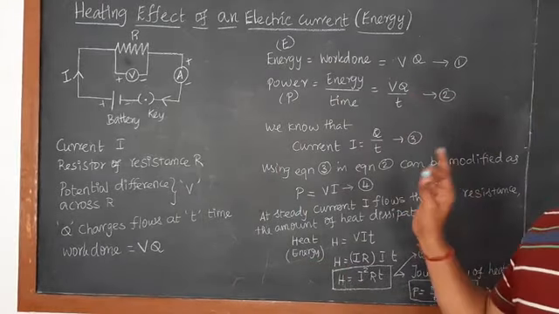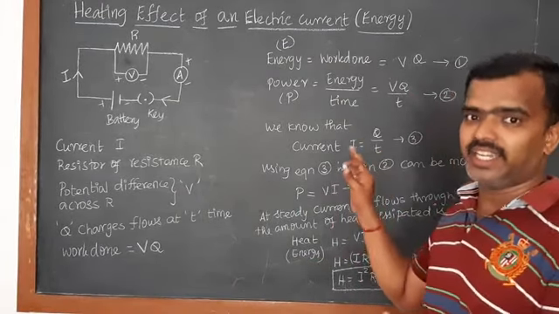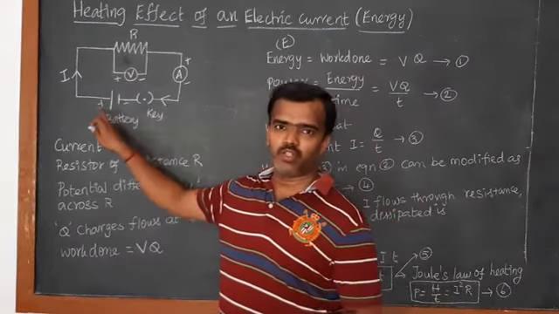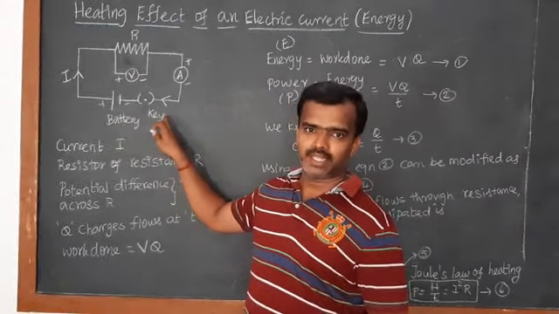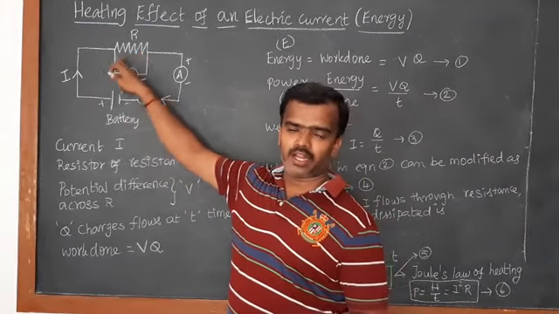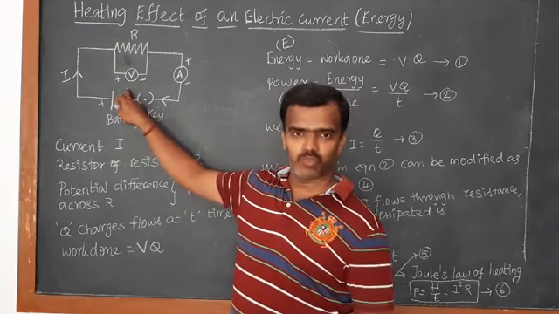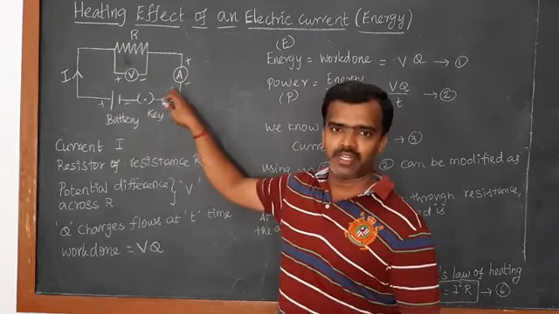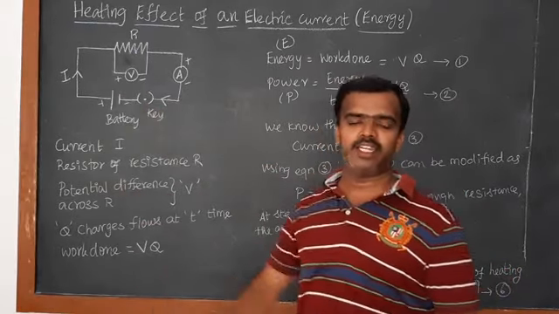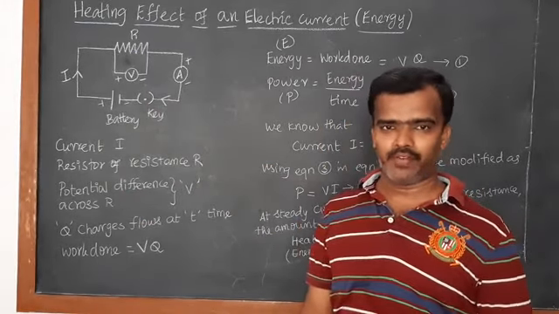That heating effect is called Joule's law of heating. We are going to see about electrical energy and heat energy. Consider we have one circuit. In the circuit we have a battery, a key, and a resistor of resistance R, across which there is a potential difference V, and one ammeter connected in series. The key is connected to the negative terminal of the battery.